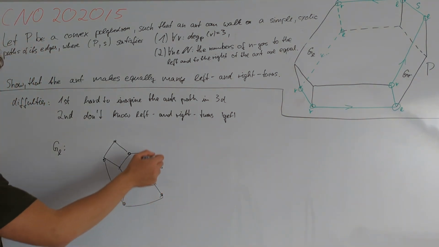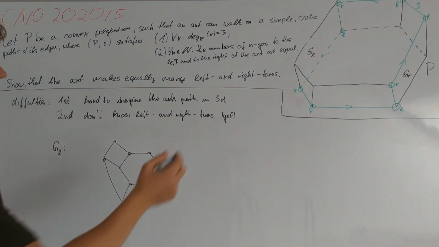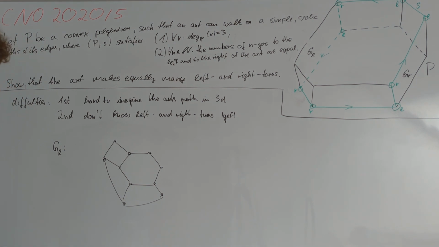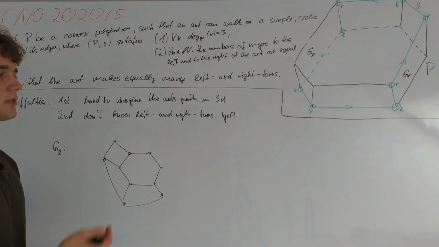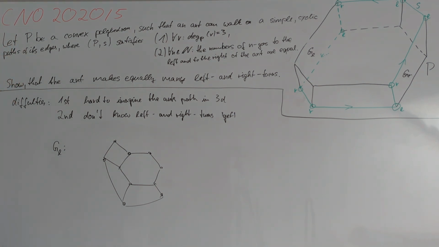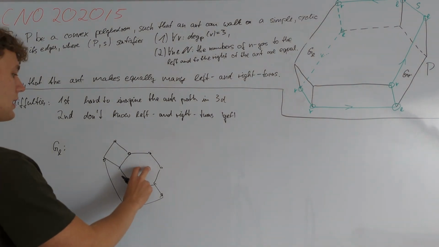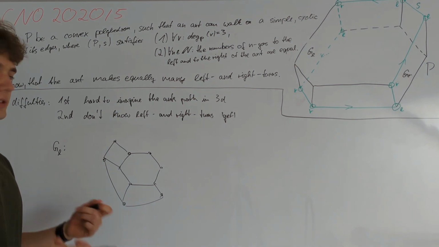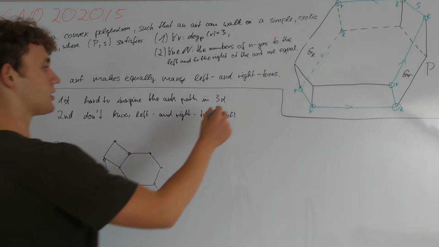The boundary of GL in this case is exactly the path S. In this case, GR looks exactly identical to GL. They are both isomorphic, but this is not always the case by definition. Now we are done with dealing with the first difficulty, because we can view P as the sum of two such graphs, which is two-dimensional and a lot easier.